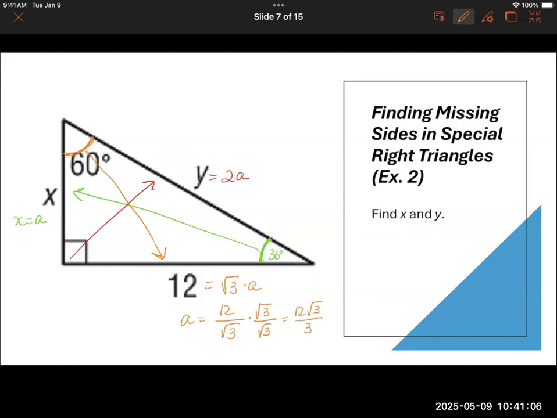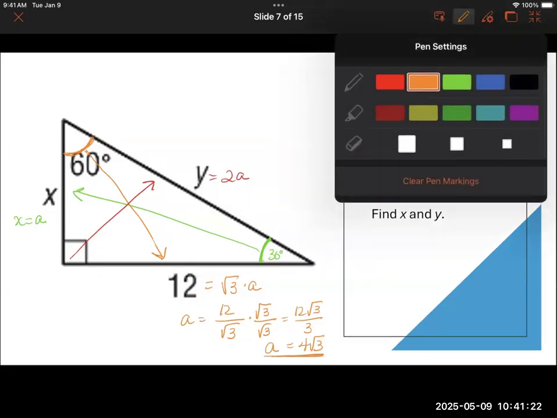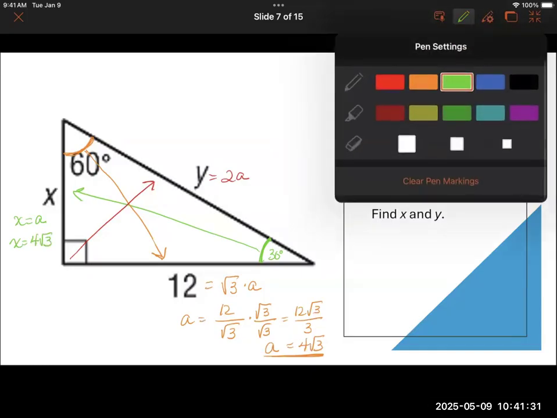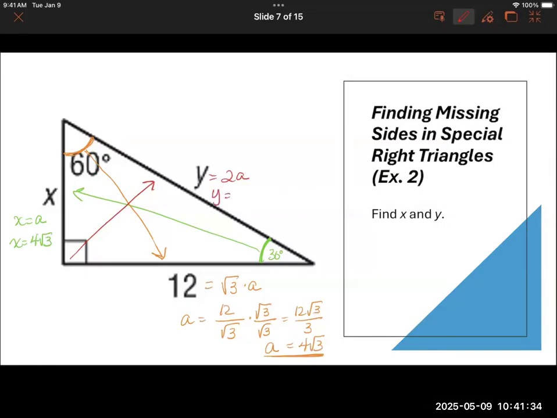And then our 12 and 3 can simplify, and I would end up with a 4 root 3, which is going to be a little bit nicer to work with than 12 over root 3. So if that is what A is equal now, then we can go to our x side, and we know that x will have to equal that A of 4 root 3. And then we can go to our y side, and y will have to equal 2 times our 4 root 3, which will be an 8 root 3.